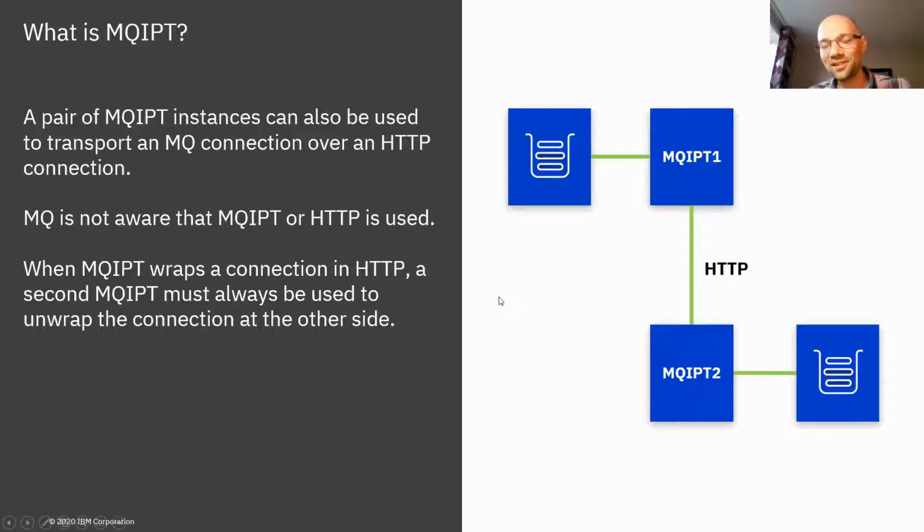Now I will mention at this point that, of course, adding a proxy such as MQIPT to the connection does add some degree of overhead. In its very simplest form of simply proxying a connection without doing very much else to it, the overhead of using IPT is actually fairly low, because remember, it doesn't actually store any data, so it doesn't need to do any I/O when it passes message data on to the queue manager.